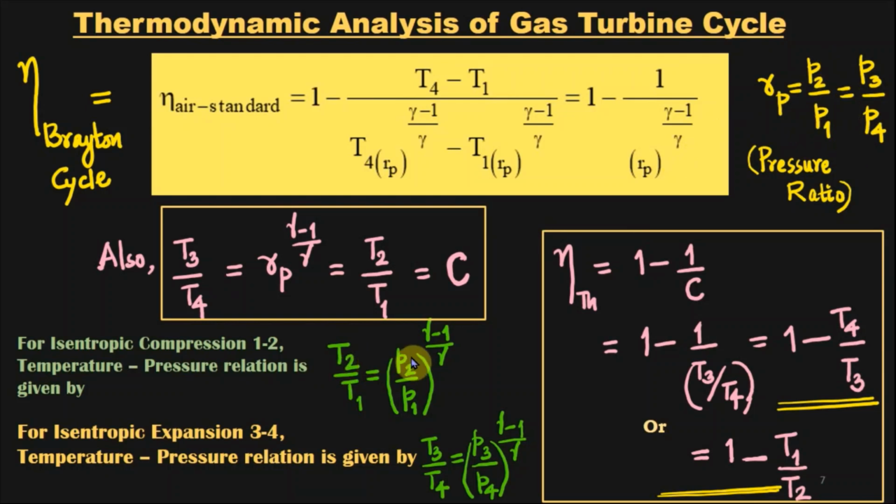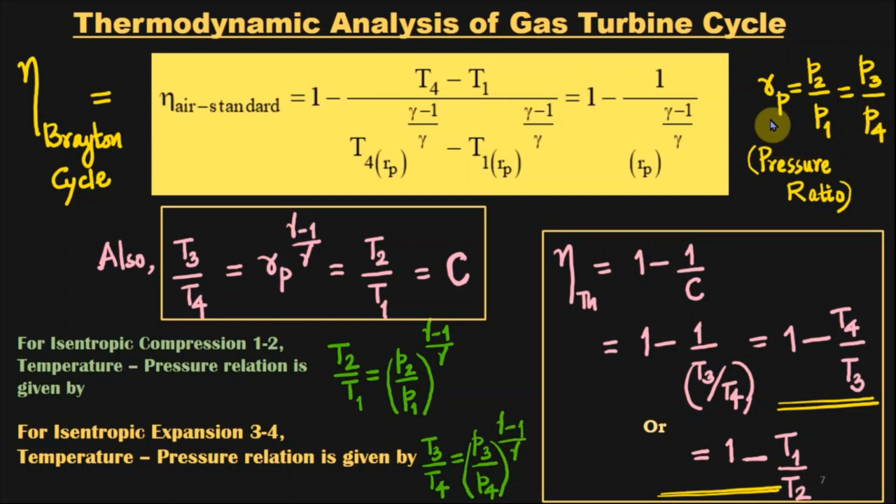We know that during the isentropic compression 1 to 2, the temperature pressure relationship is T2 by T1 is equal to P2 by P1 raised to gamma minus 1 by gamma, and P2 by P1 is the pressure ratio Rp. So you can write T2 by T1 is equal to Rp raised to gamma minus 1 by gamma. Also, during the isentropic expansion 3-4, T3 by T4 is equal to P3 by P4 raised to gamma minus 1 by gamma.